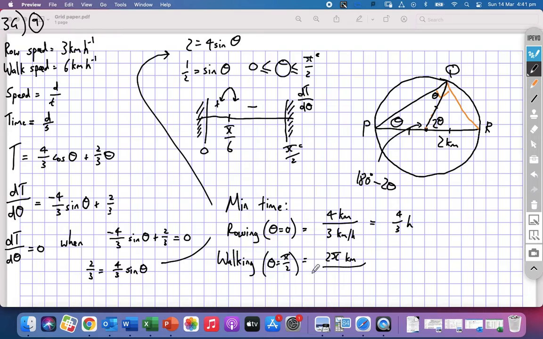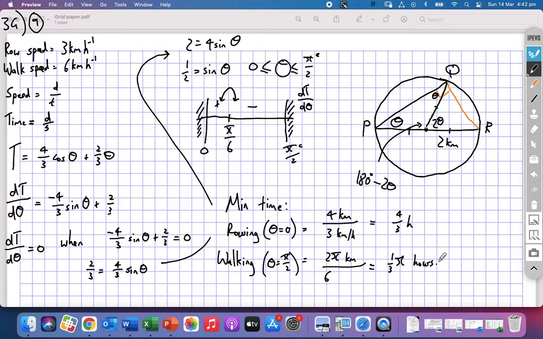The walking speed is 6. So we get 1/3 pi hours, and that's the quickest way. If pi is about 3.14, and you divide that by 3, you're pretty close to 1. It's a bit higher than 1, maybe 1.04 or something.